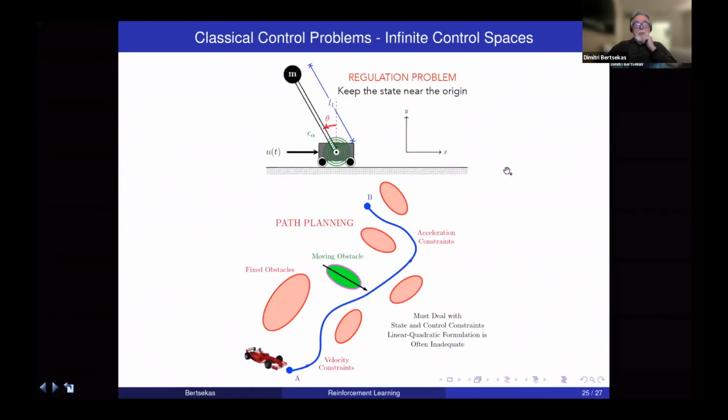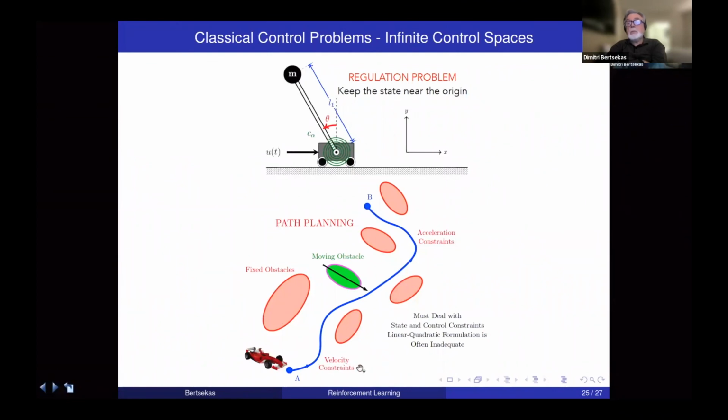Another problem is, instead of keeping the state of the system near the origin, keep the state of the system around a given trajectory, or even designing the trajectory, like an automobile wants to move from point A to point B, but there may be some constraints. The constraints may be velocity constraints.